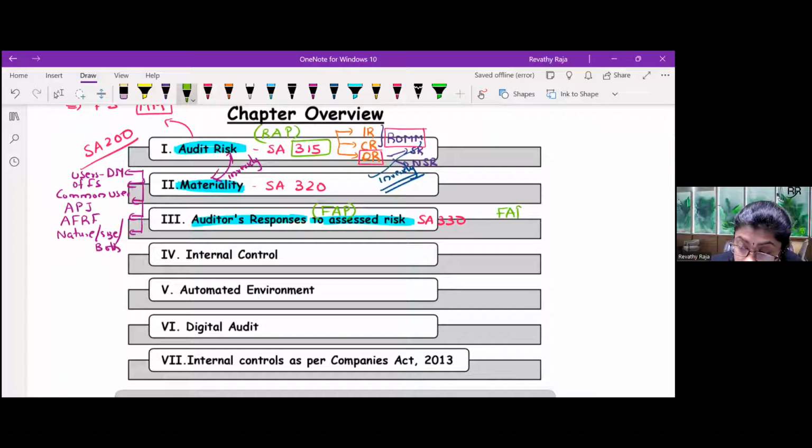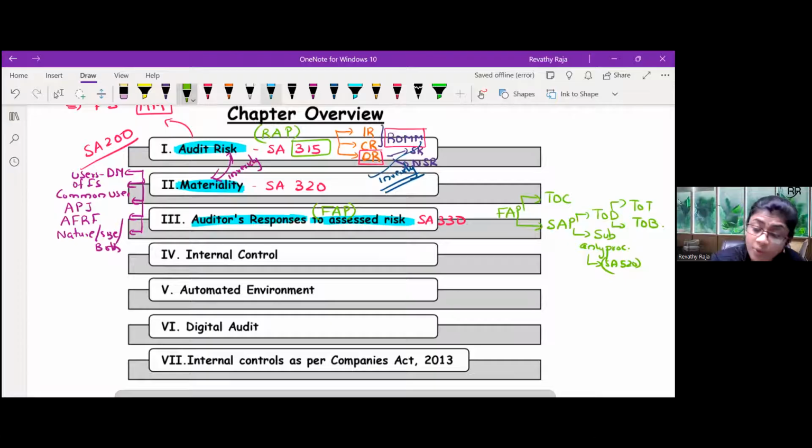Further audit procedures comprise test of controls and substantive audit procedures. Substantive audit procedures have test of details and substantive analytical procedures. Analytical procedures, SA 520. Test of details has test of transactions and test of balances.